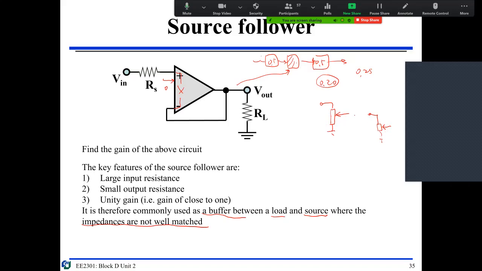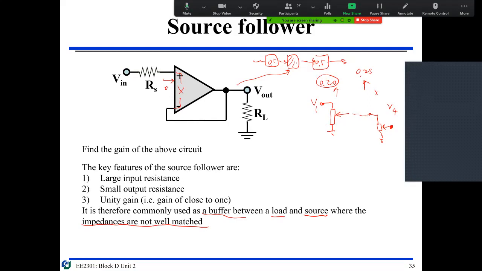Then you connect this one too. So from here to here, V4 divided by V1 is 0.20, not 0.25, because this is not matched. Did I answer your question?